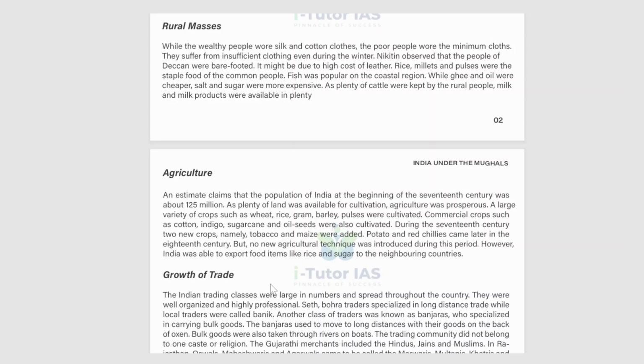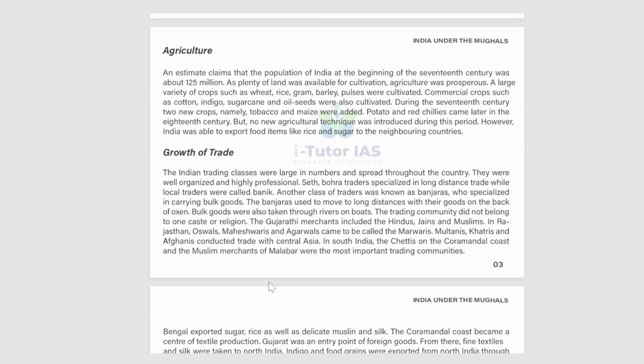Agriculture. An estimate claimed that the population of India at the beginning of the 17th century was about 125 million. As plenty of land was available for cultivation, agriculture was prosperous, and a large variety of crops such as wheat, rice, gram, barley, and pulses were cultivated, and commercial crops such as cotton, indigo, sugarcane, and oil seeds were also cultivated.